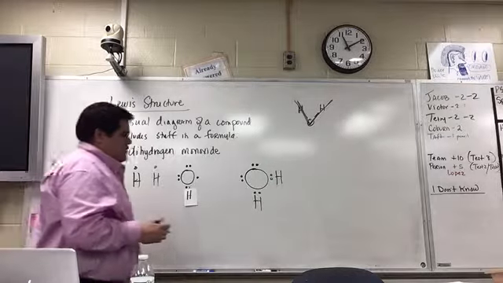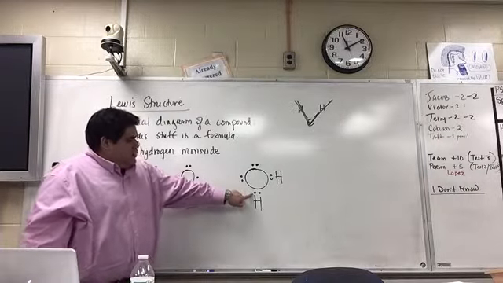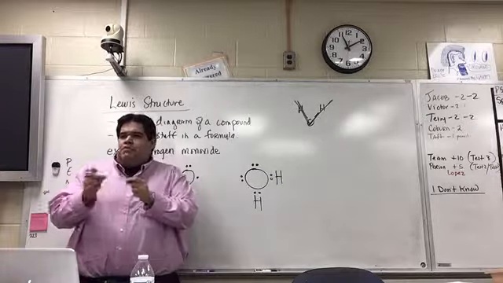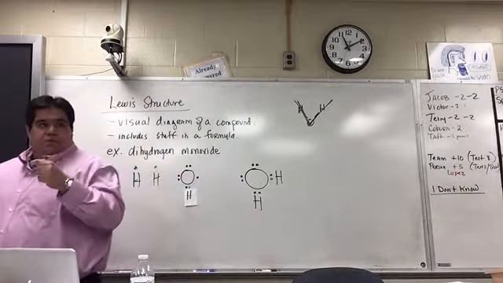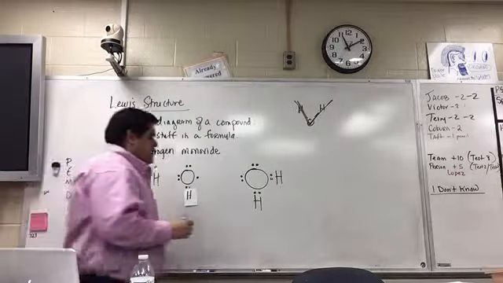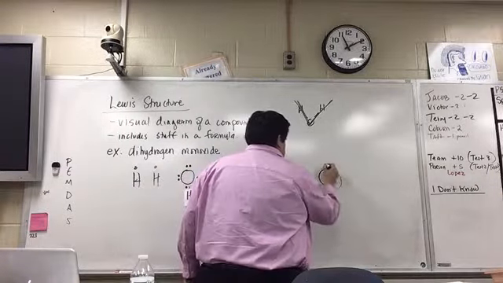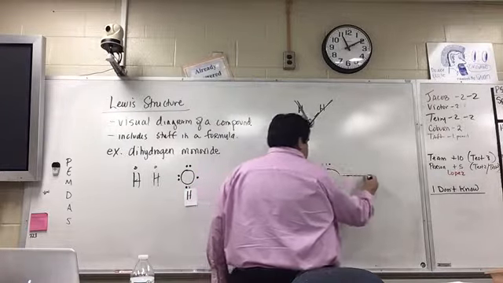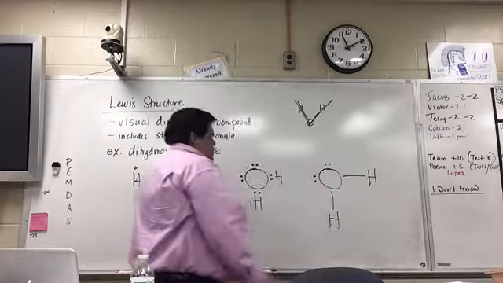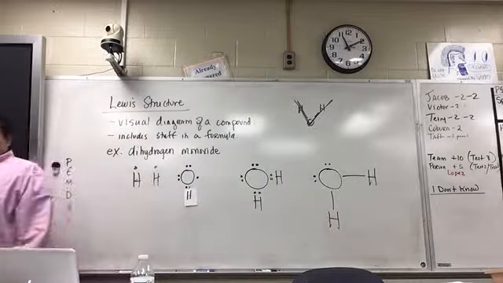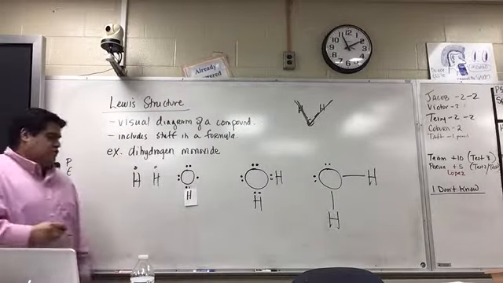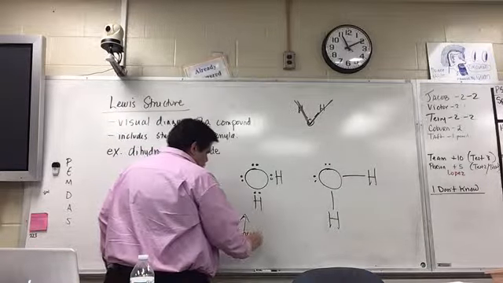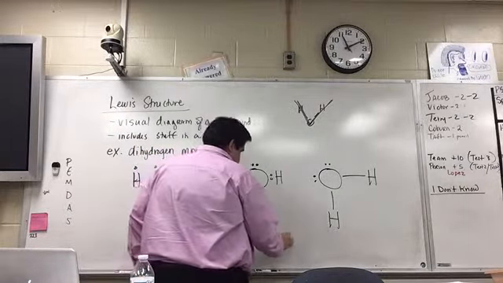Another Lewis structure is this, where we have the single from oxygen and the single from hydrogen. Sometimes they'll represent that with a line to represent a bond. And so when they use a line to represent a bond, they would show you something that looks like this. And so either one of those is a Lewis structure. So for those of you who look over your notes, this is a Lewis structure.